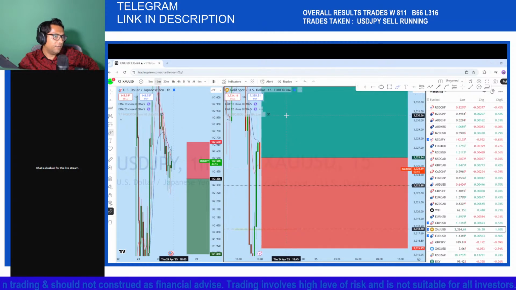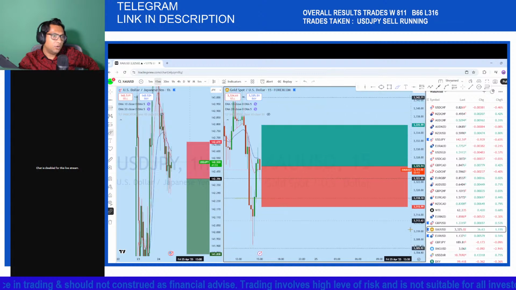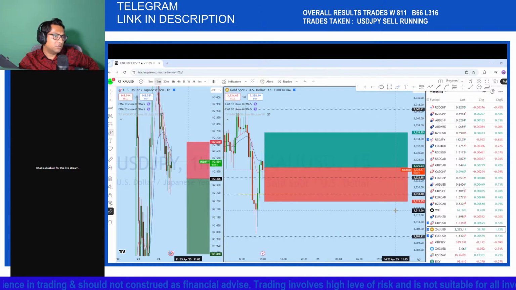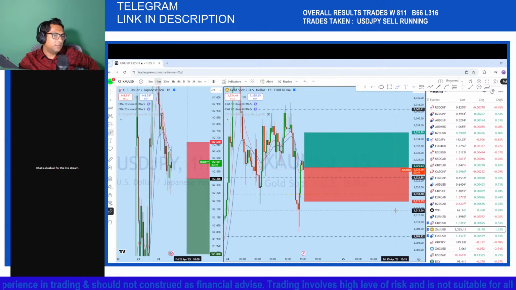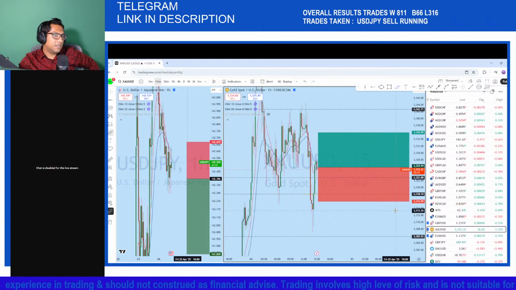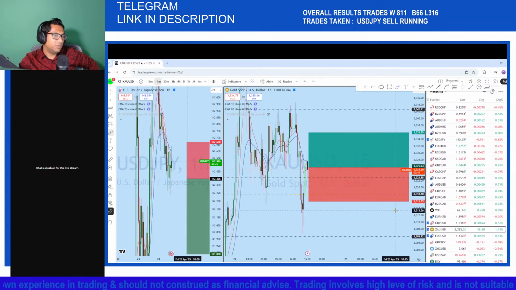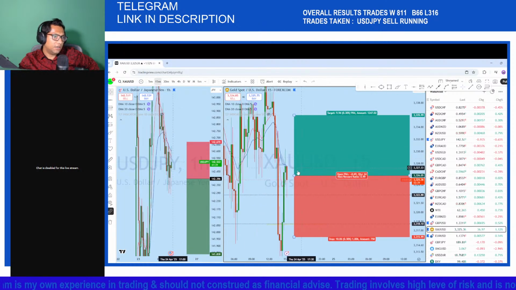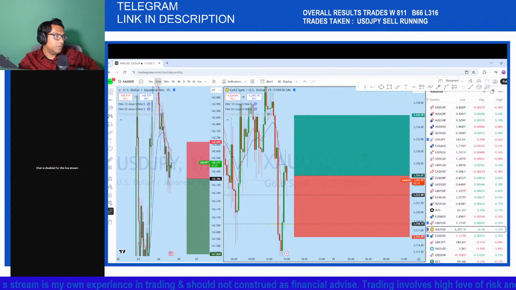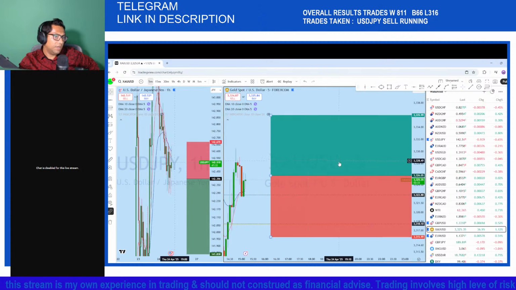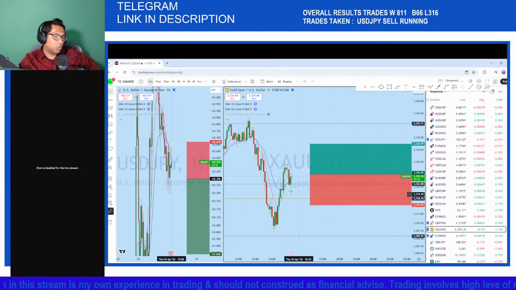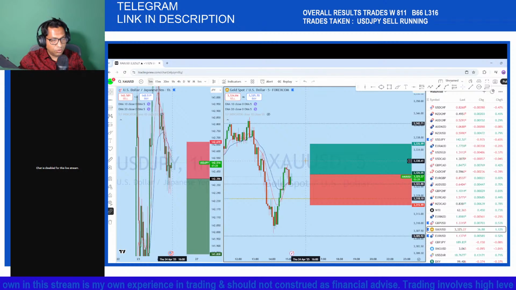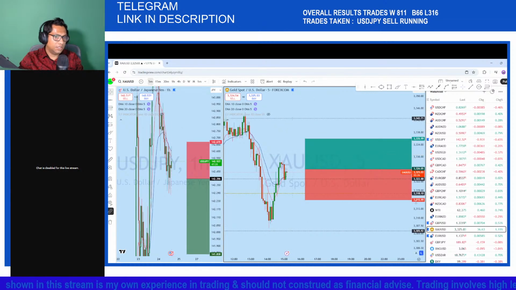So looking at the 15 minutes again, this 15 minutes candle is closing, and with this candle close, the market is closing as potentially a doji, so we may see the next one continue in the direction.